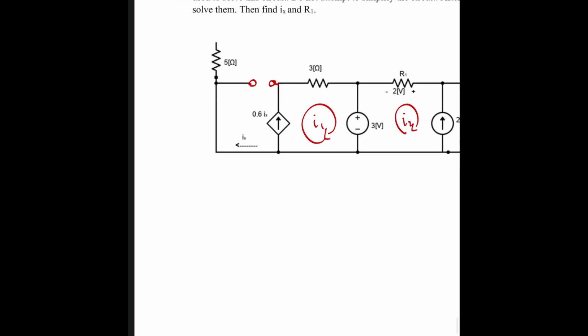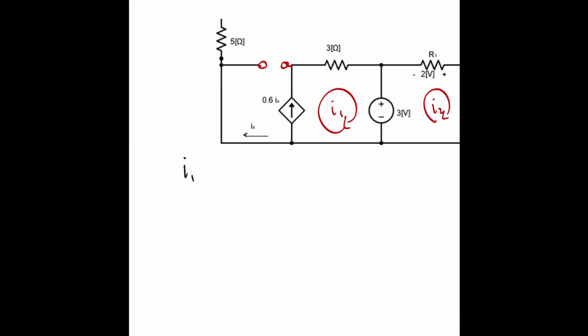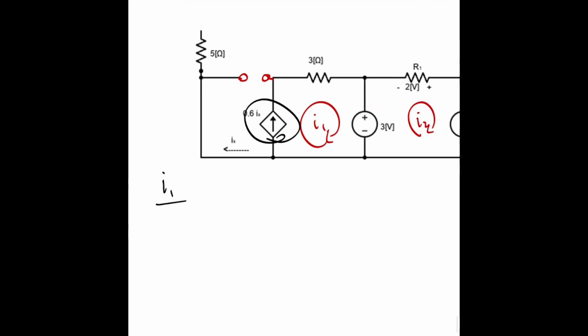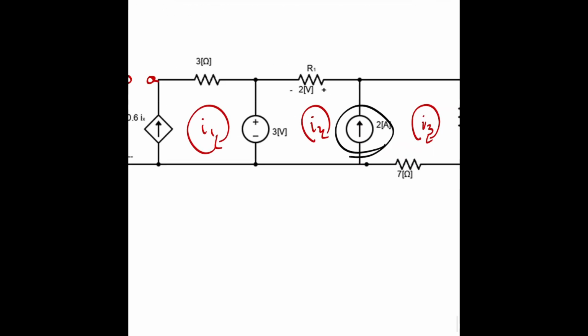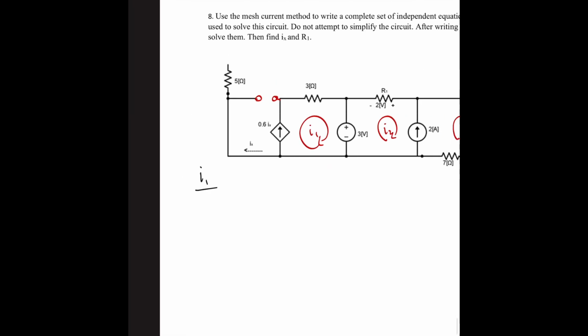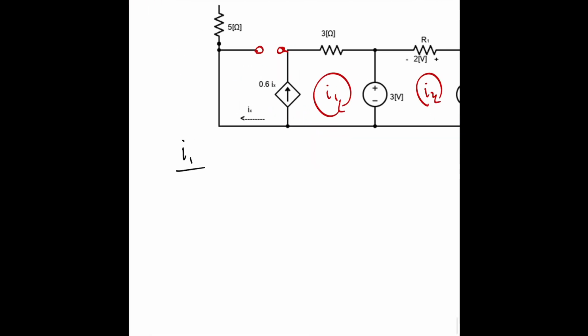Now one thing I failed to mention in the workshop that I'm now realizing is whenever you have a mesh that has a current source and it's not a super mesh, right? Like you see how this current source is in between 2 meshes, so it's a super mesh. But whenever you have a current source that's not a super mesh, you can simply let your equation be that mesh current, in this case I1, is just equal to that current source's value, 0.6 Ix.